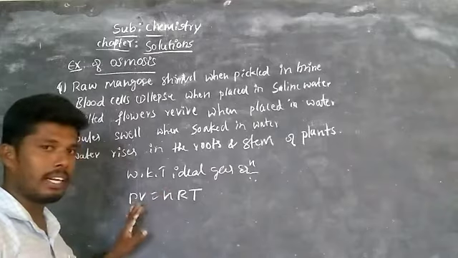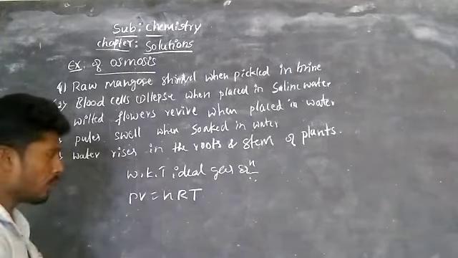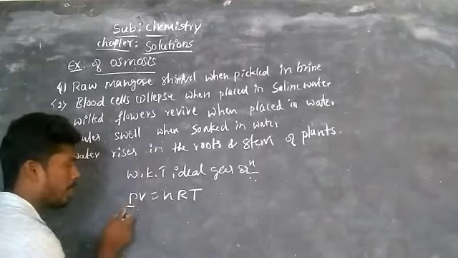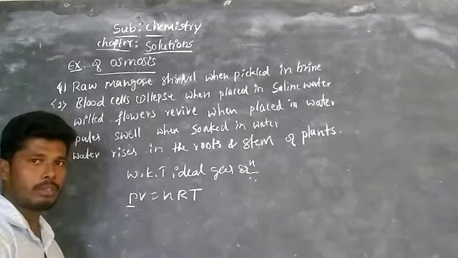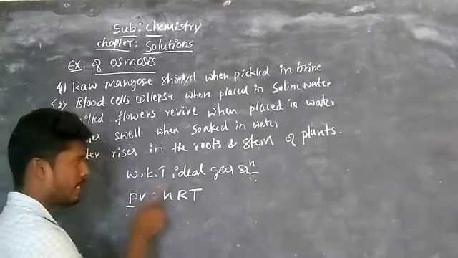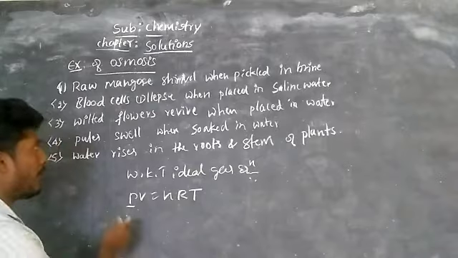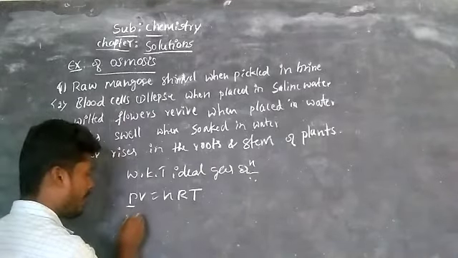In the year 1887, the scientist Van't Hoff observed this. Therefore, here P is nothing but the pressure of the solution, the pressure of the gas. In the case of an ideal gas, P is the pressure of the ideal gas. Therefore, for osmotic pressure, we represent the pressure as pi.